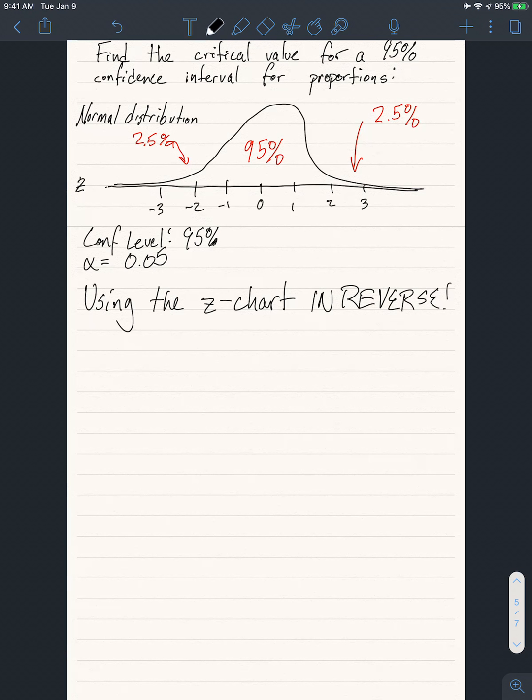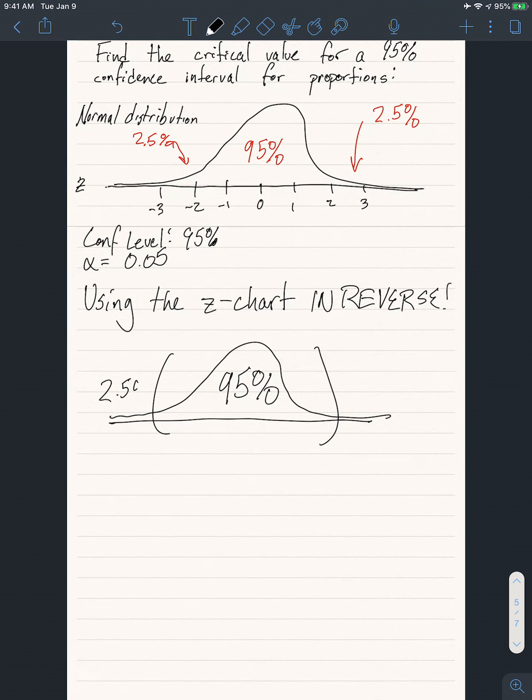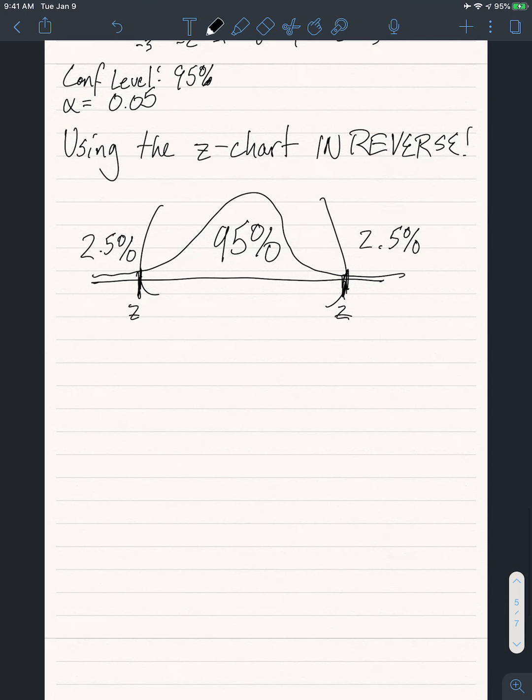I'm going to redraw my picture. We're reserving 95% for here, 2.5% on either side. And we need to know what this z-score is that is going to achieve this kind of picture. And we're going to use the z-chart in reverse, which means this percent right here, we need to look up inside the chart, not along the edges like we're used to.